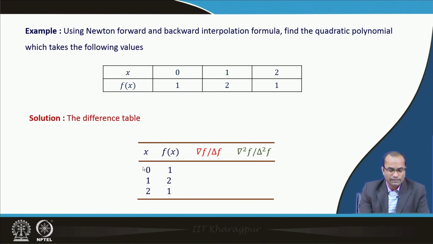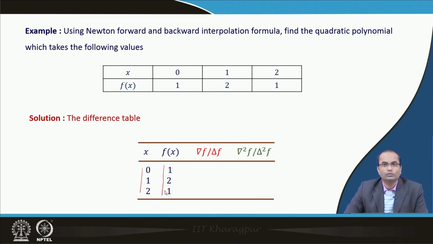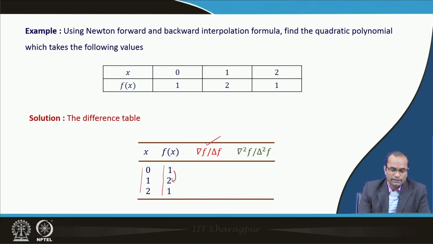So, we will put here the x values 0, 1 and 2 and the corresponding function values, that is 1, 2 and 1. And then the first order differences will be computed just by subtracting the previous value from the next value. So, here 2 minus 1 will come and then 1 minus 2 will appear there. So, basically here we have 1 and there it is minus 1, and for the higher order differences we will repeat the process.